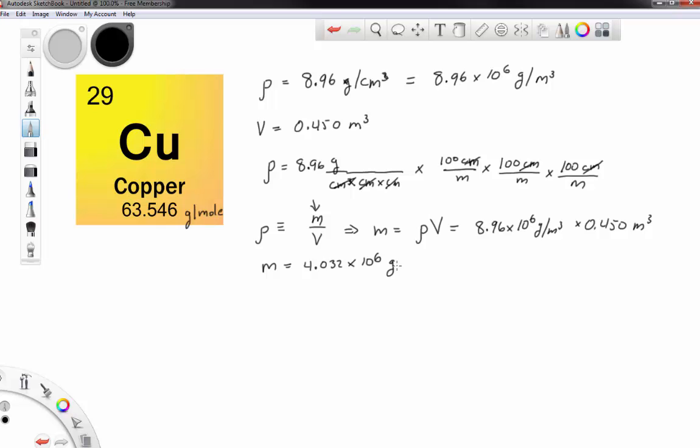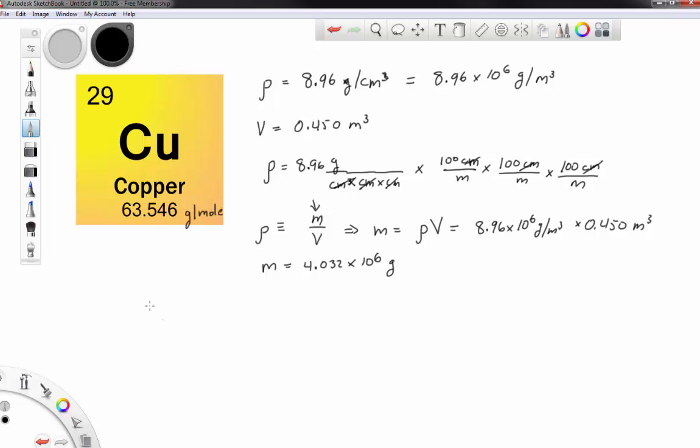All right, at this point, the problem is now quite similar to the problem that I worked in the last set, which was, how many iron atoms are there in 1 kilogram of pure iron.